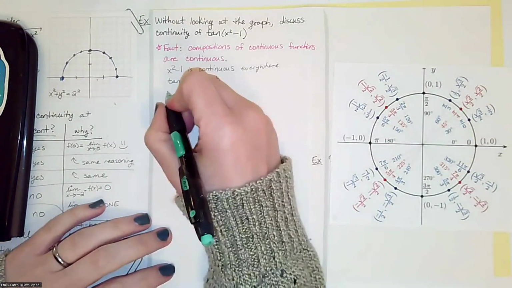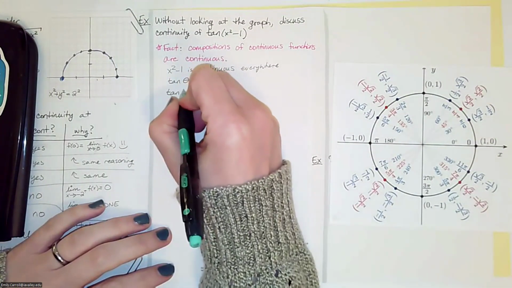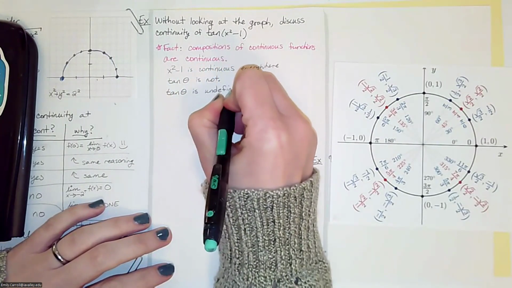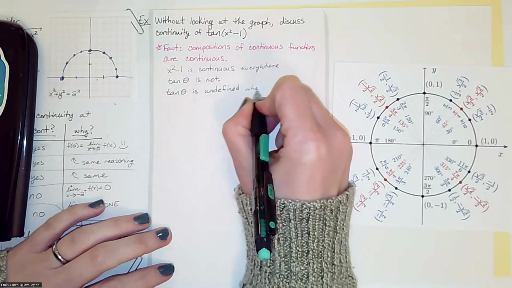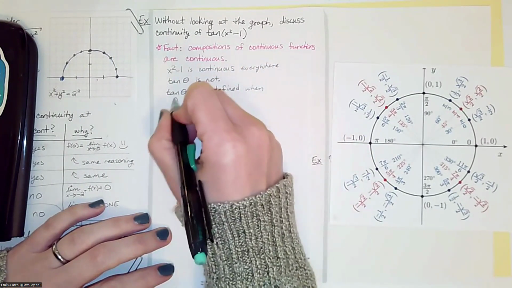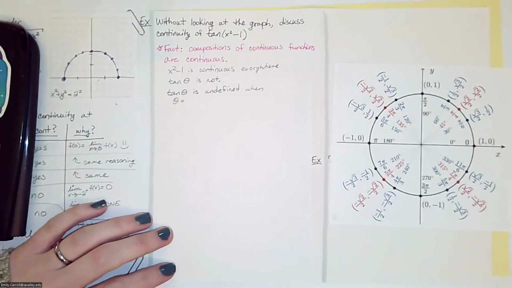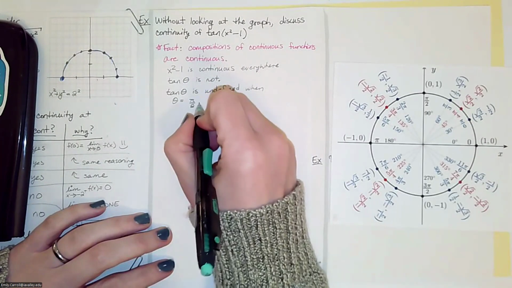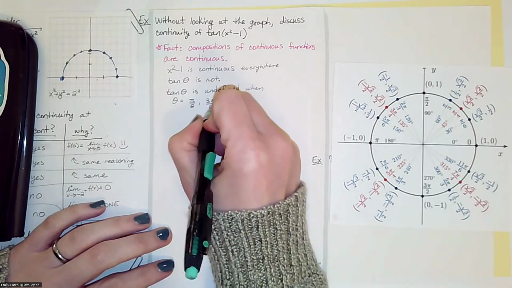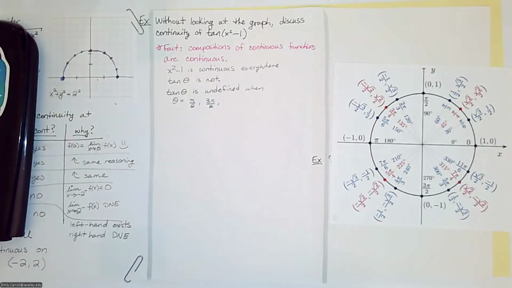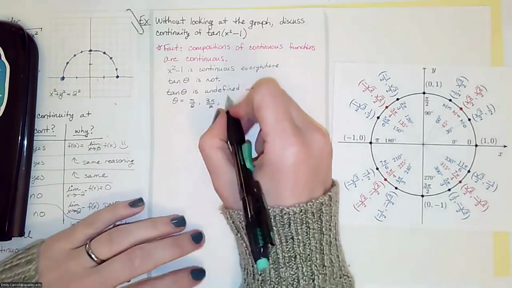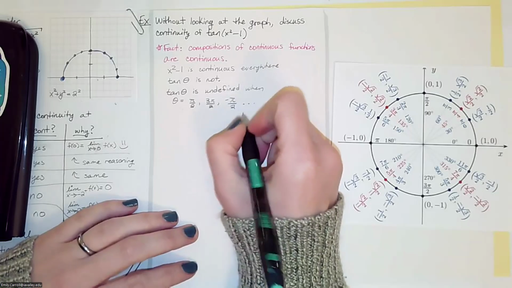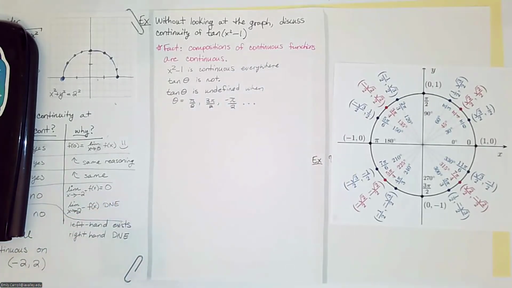So tangent of theta is undefined when theta equals, well, we said pi over 2, 3 pi over 2, we said negative pi over 2, and infinitely many more, countably infinitely many more.